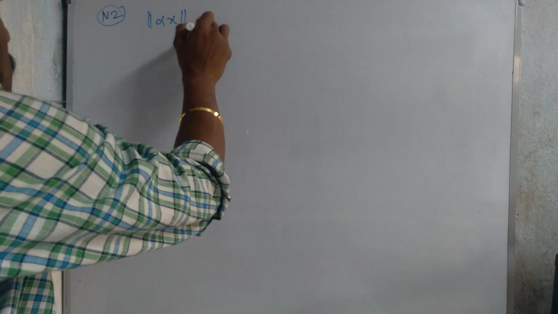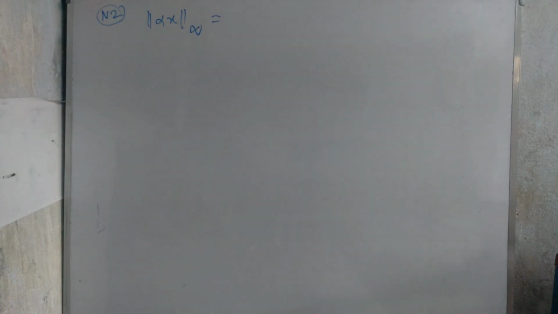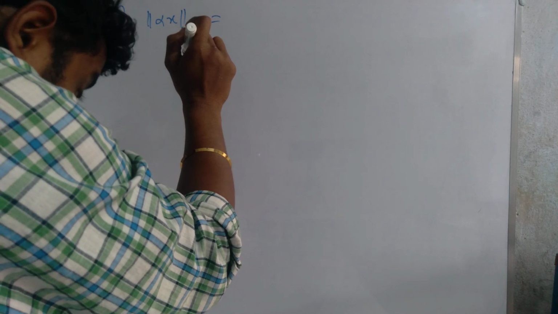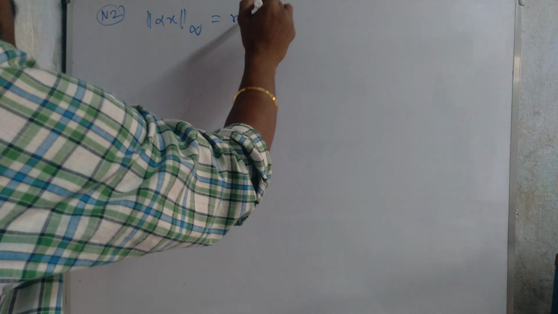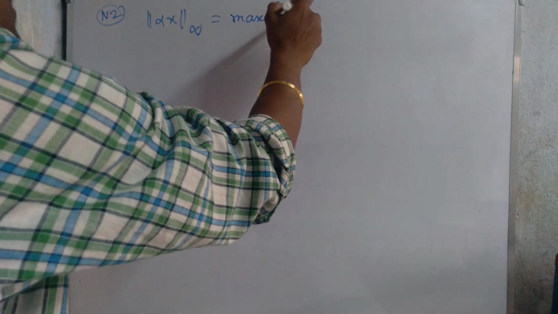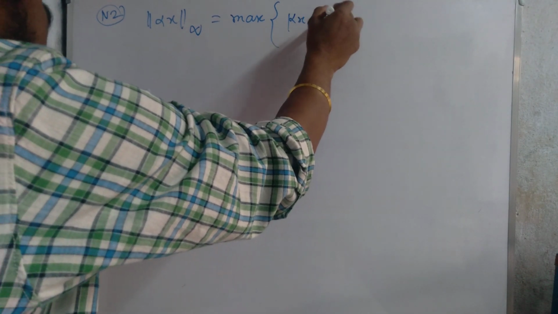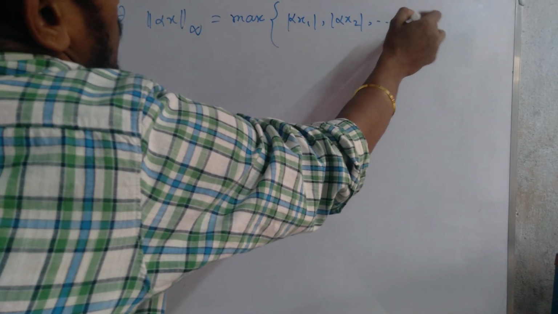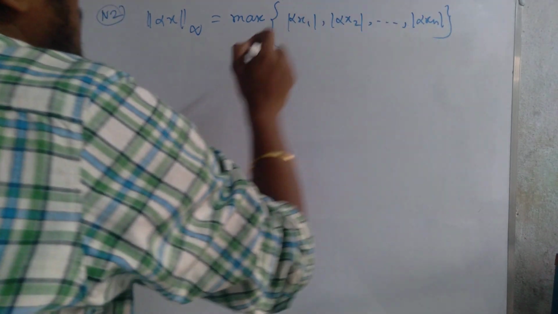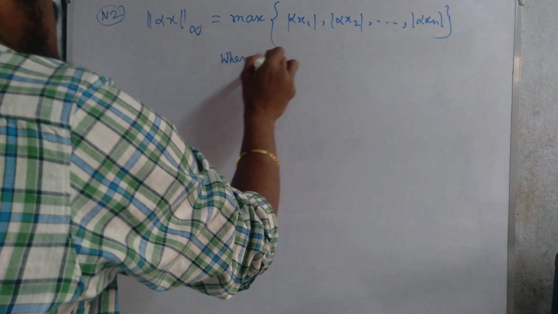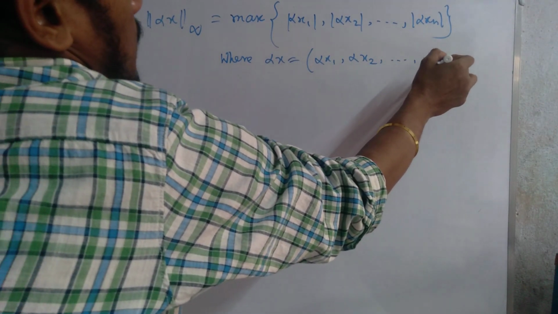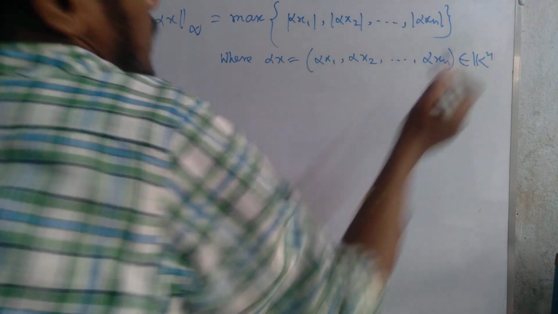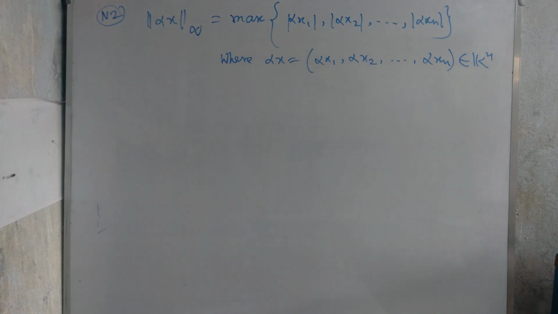Norm of alpha x infinity equal to what? We know it is the maximum of mod of alpha x1, mod of alpha x2, dot dot dot, mod of alpha xn, because alpha x equal to (alpha x1, alpha x2, dot dot dot, alpha xn) belongs to K to the power n. Too easy.